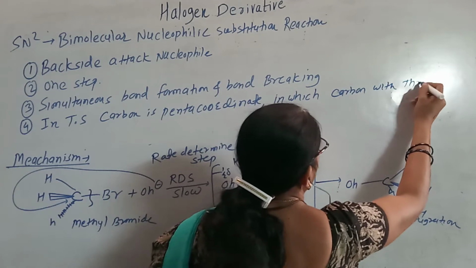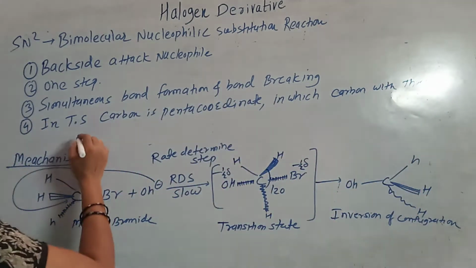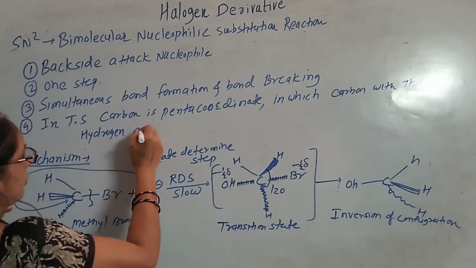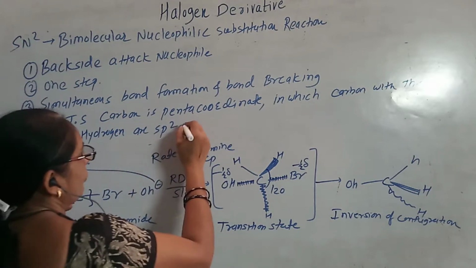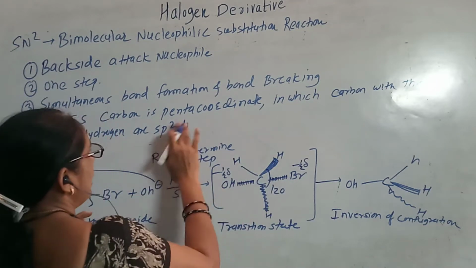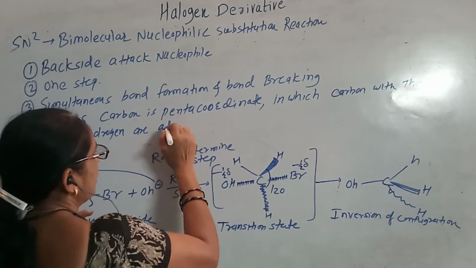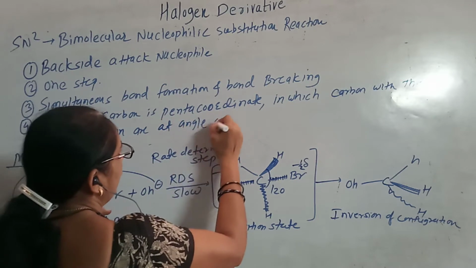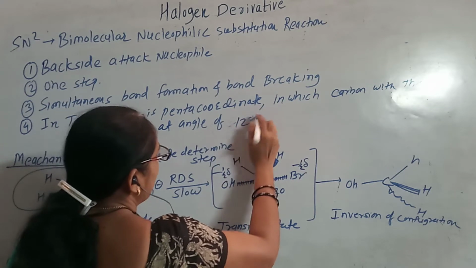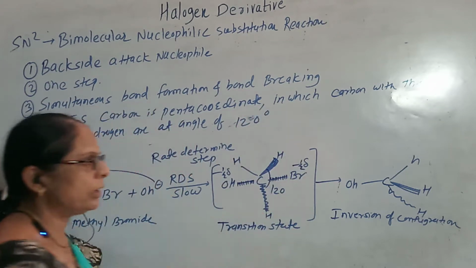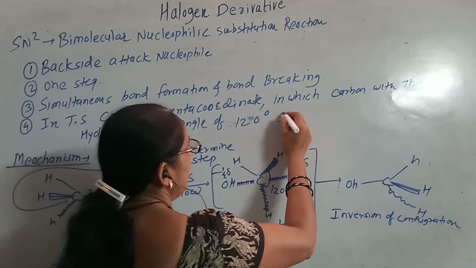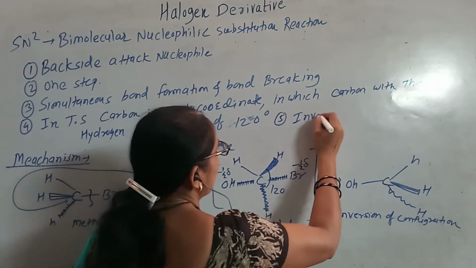3 hydrogens are sp2, in which the carbon with the 3 hydrogens are at an angle of 120 degrees. So they can maintain an angle of 120 degrees. So this happens here, and the remaining pentacoordinate state will be off. And the last point is that the product is obtained with inversion of configuration.